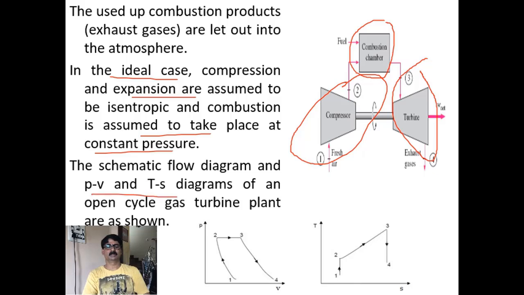You can see 1 to 2 is the isentropic compression, 2 to 3 is constant pressure, you can say P2 is equal to P3. Here it's more clear because 1 to 2 is a vertical line in the TS diagram. This is the S axis, so 1 to 2 is at 90 degrees to the S axis, so S1 is equal to S2, isentropic compression. Similarly, expansion 3 to 4 is the isentropic expansion.